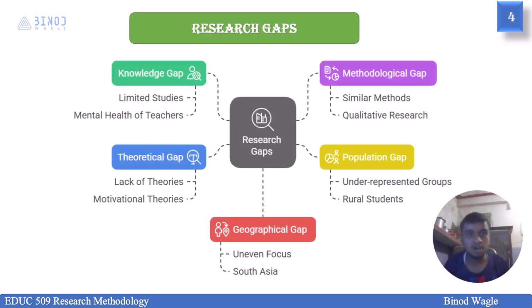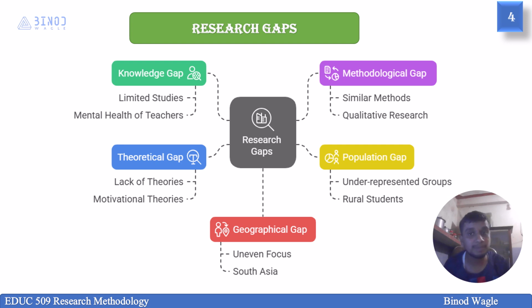Now let's talk about the research gap. What is a research gap? A research gap is an area that has not been adequately explored, or that remains unanswered in the existing literature.